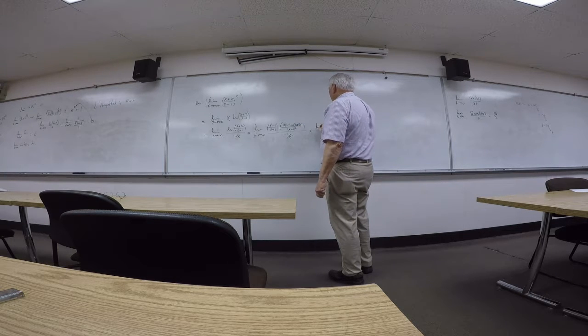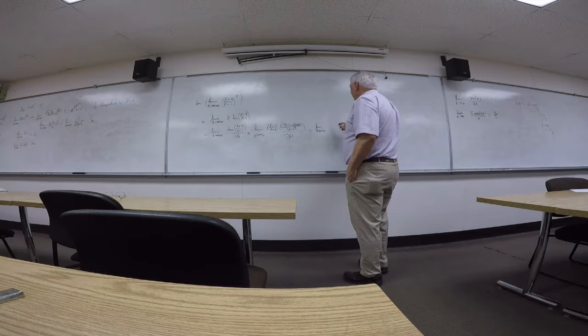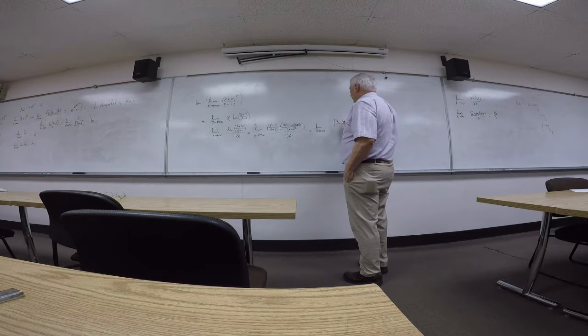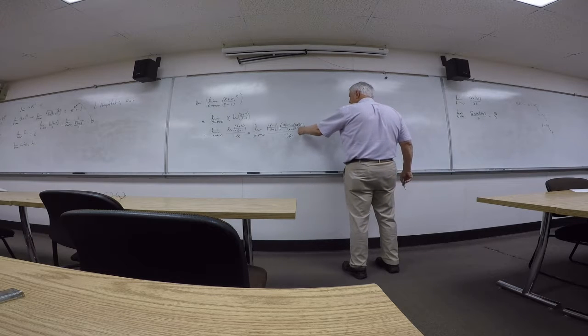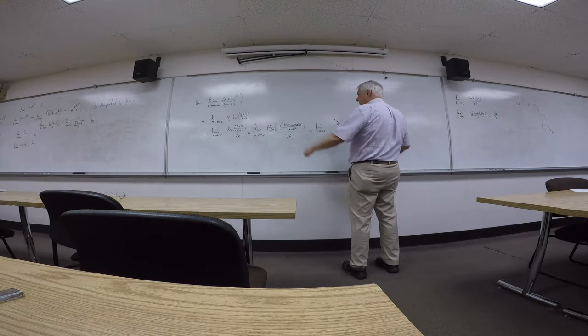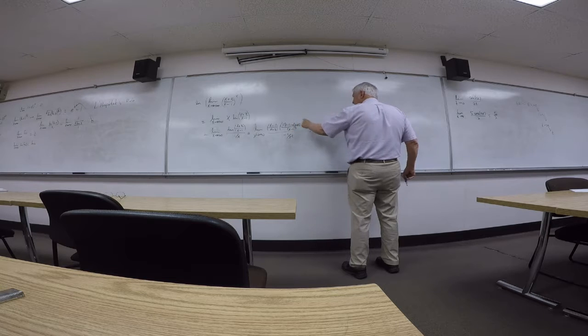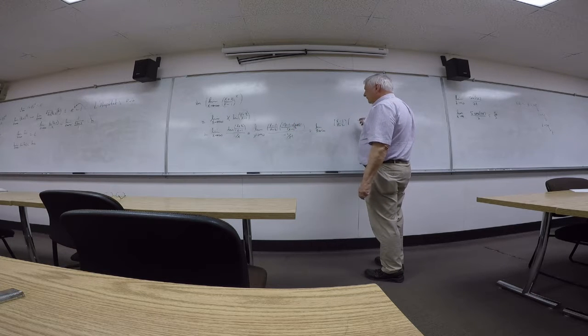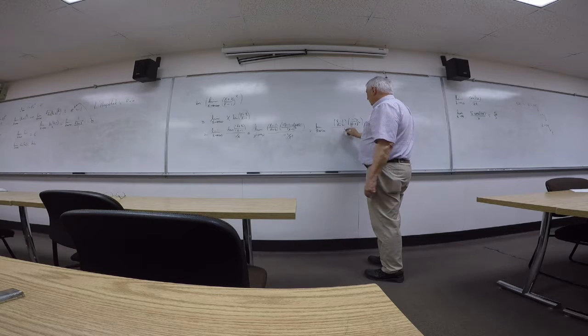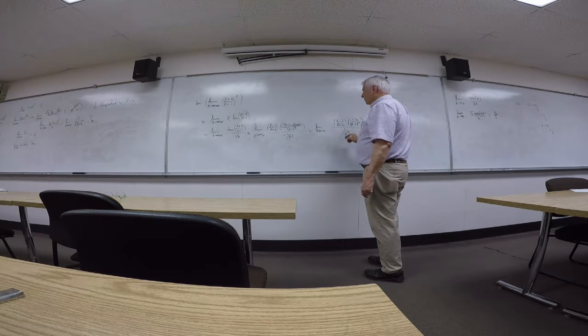So I'm looking at limit as x approaches infinity of x minus 1 over x plus 2 times, what did I say this was? Negative 3 over x minus 1 squared over x squared.